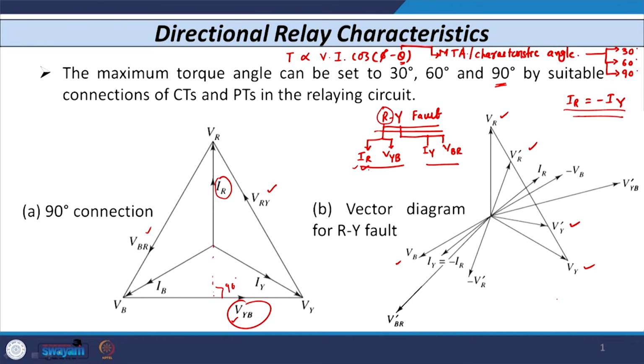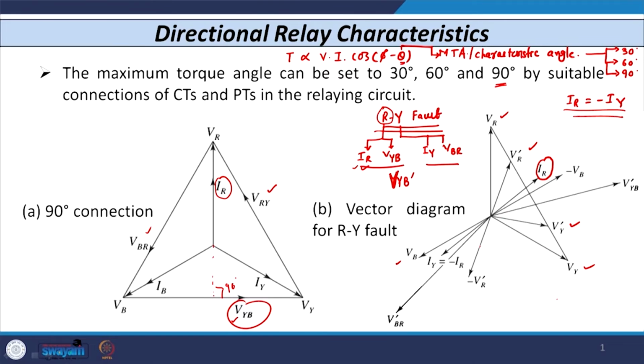So, we have to give the IR current. So, we have the IR current here, and then we have to give the VYB. So, VYB is nothing but your VYB dash, right. So, voltage VYB dash, that is Vy minus Vb dash. So, Vy voltage you have here. So, we have the minus Vb dash voltage here.